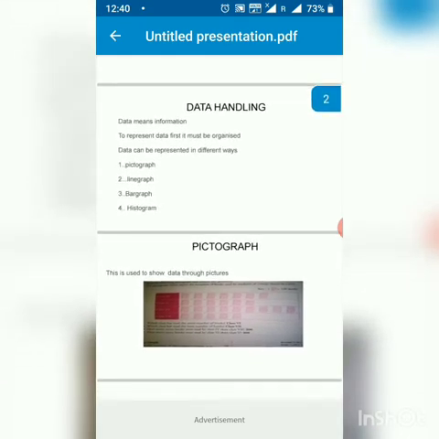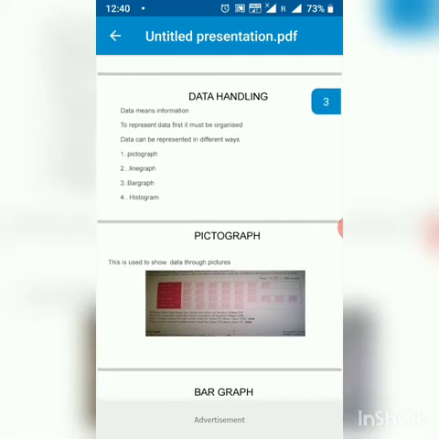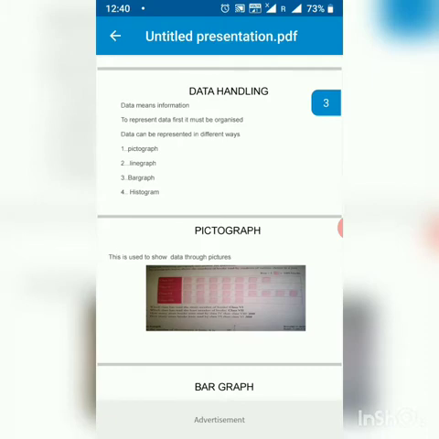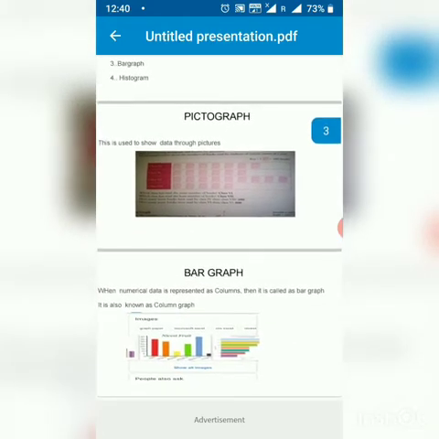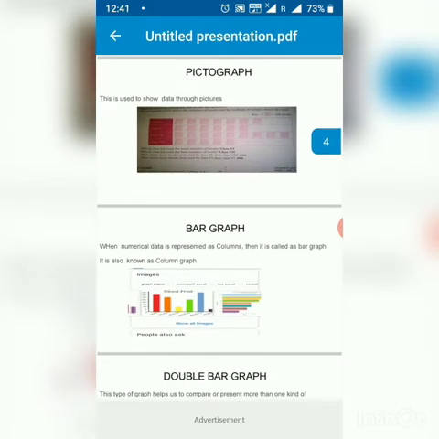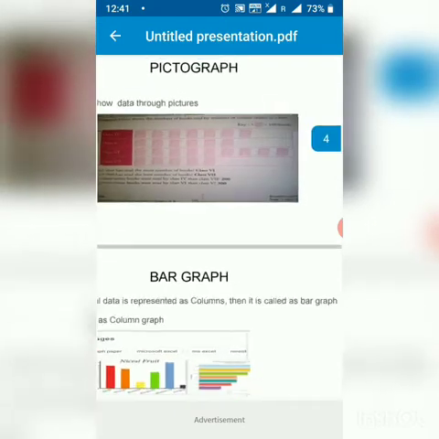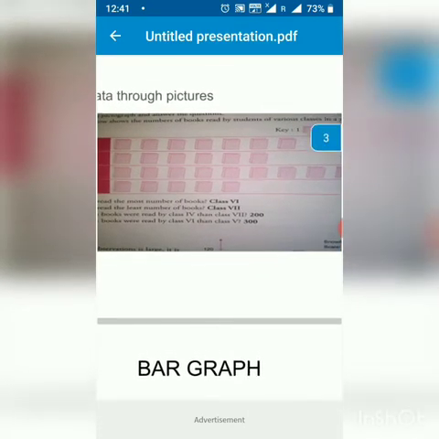First is pictograph, line graph, bar graph, double bar graph, histogram. So first we will go to pictograph. What is pictograph? Pictograph means when the data is represented in the form of pictures, that is known as pictograph, which you have all learnt in the lower class.